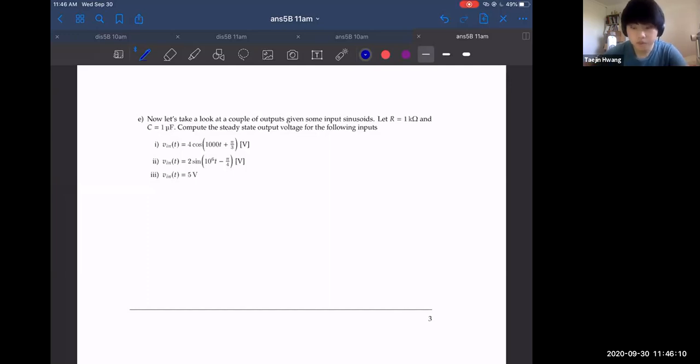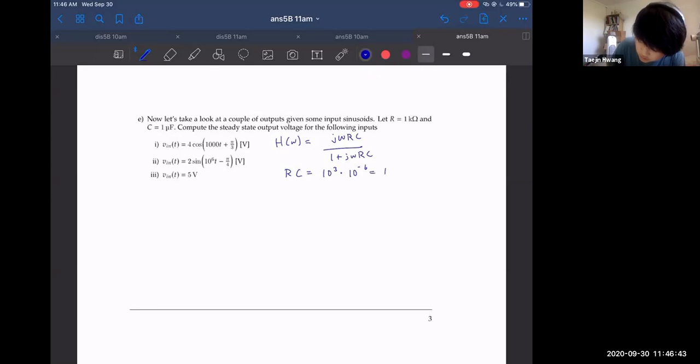All right. Let's take a look at this together. I think the most important thing to remember is that our transfer function H of omega is j omega RC all over 1 plus j omega RC. And that RC, which is really our critical value here, is equal to 1 kilo ohm, which is 10 to the third, times 1 microfarad, which is 10 to the minus 6.